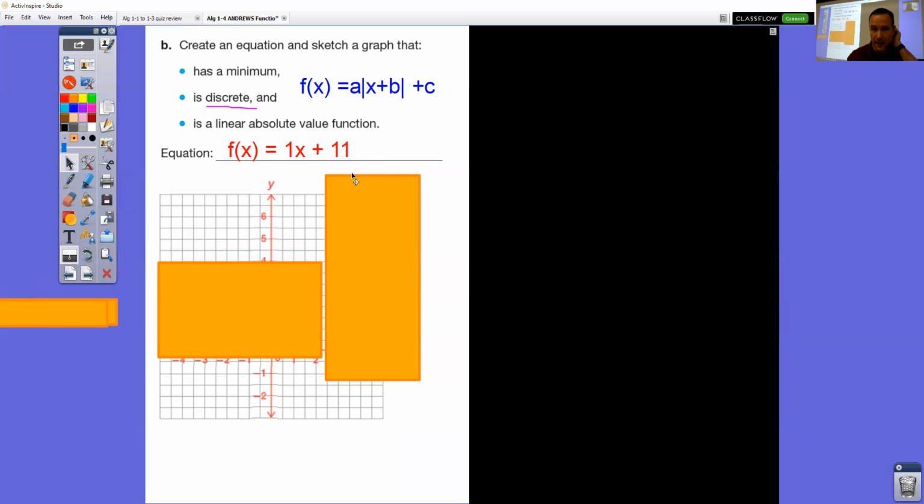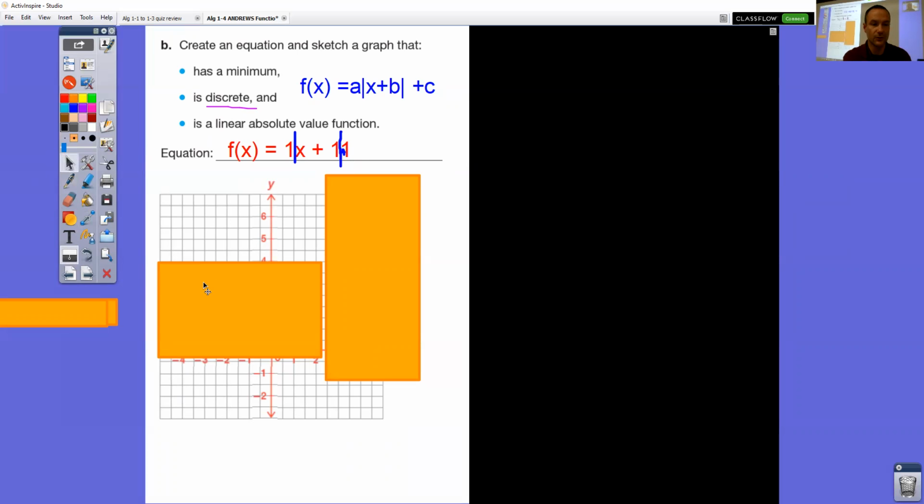I picked 1 as my a, and then inside the absolute value symbol, I didn't draw those in there, but this is what we would have there. So 1 times, and then inside the absolute value symbol, I have x plus 1, and then I have a plus 1 at the end.